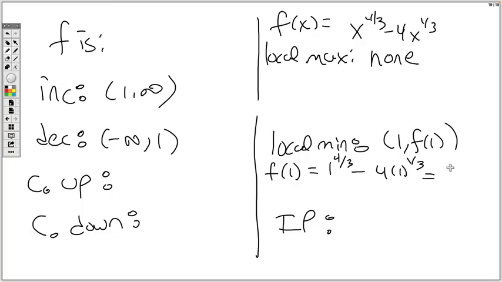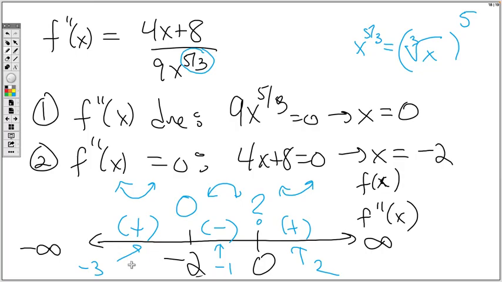That's going to give me what? -3. So I've got a local min at 1, -3. Let's look at concavity. It's concave up where to where?